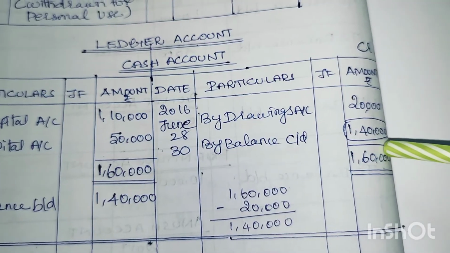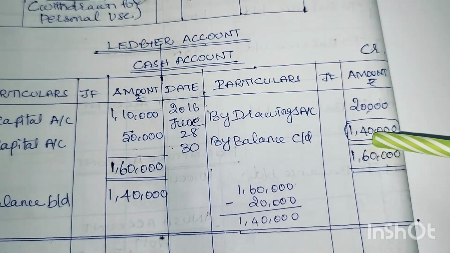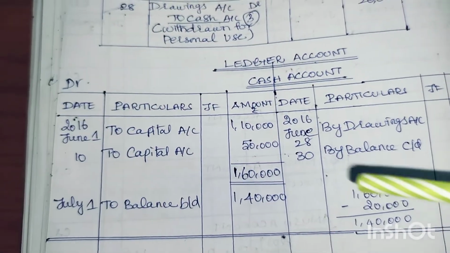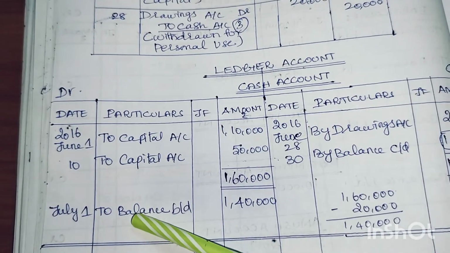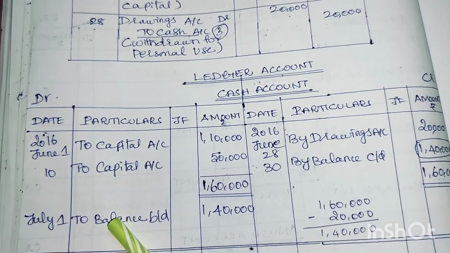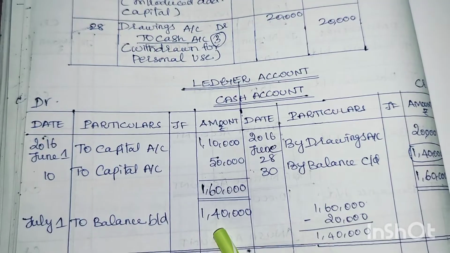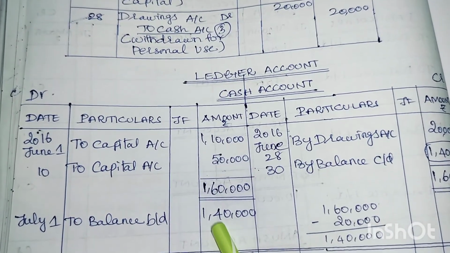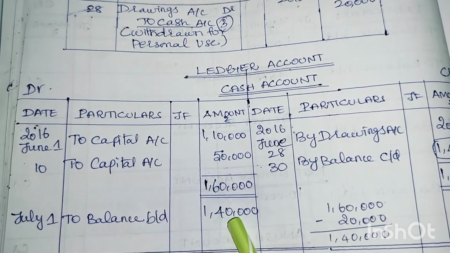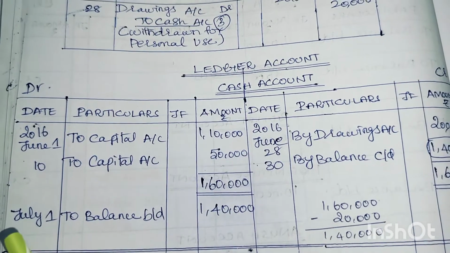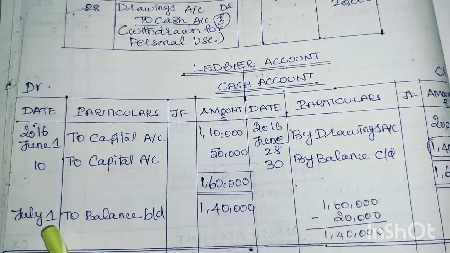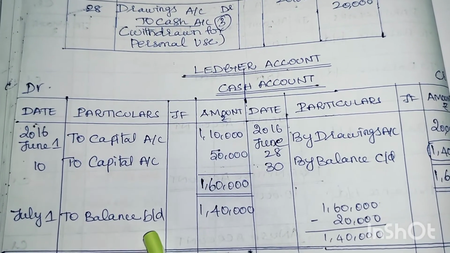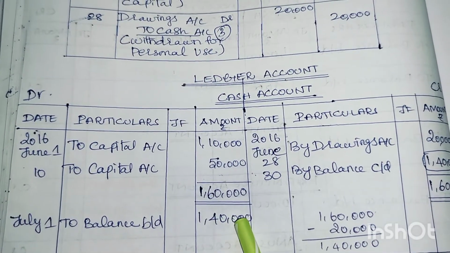Then this 1,40,000 has to be brought down to the opposite side, that is debit side, below the total. We enter 1,40,000 in the amount column. Then we have to write 2016 July 1 to balance brought down 1,40,000 rupees.